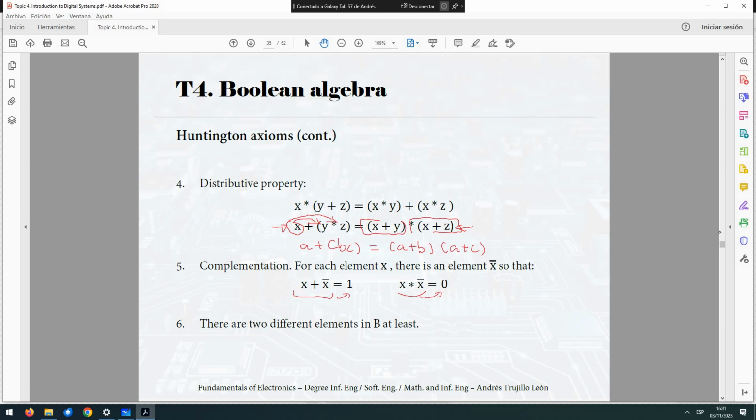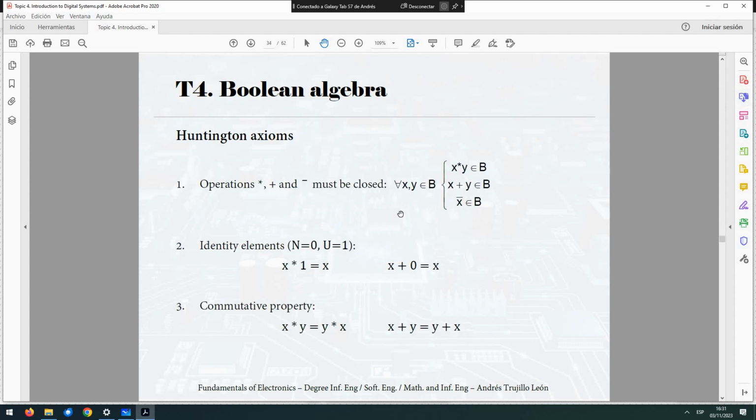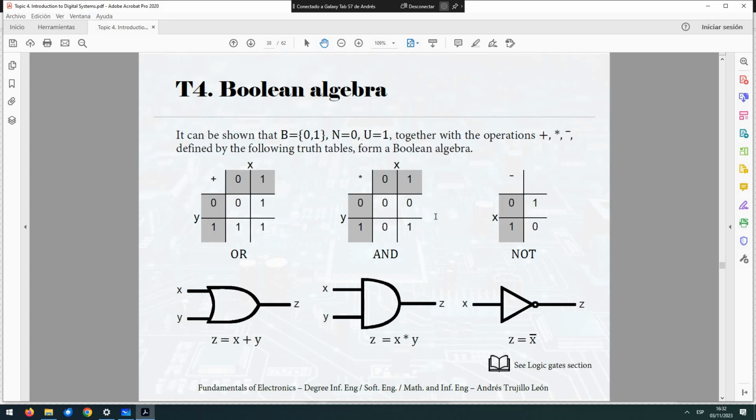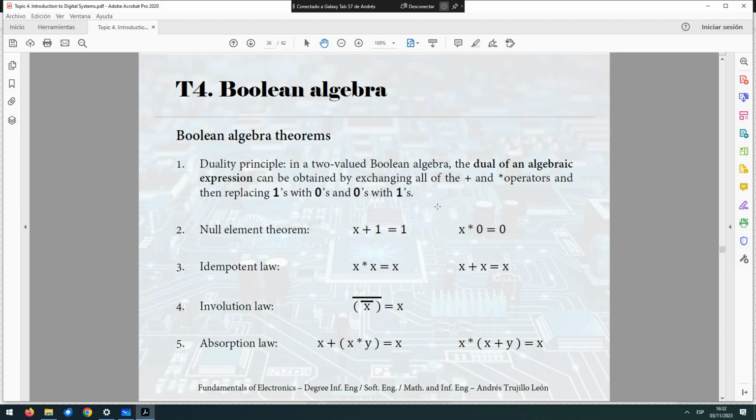And as well, we are going to use the idempotent law. So if we have a variable multiplied by itself, it is the variable. If we have the variable repeated, we can eliminate one of them.